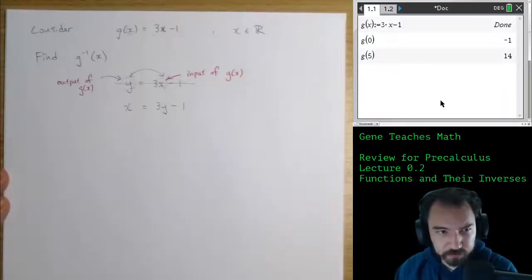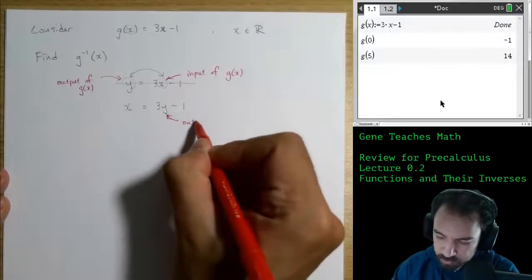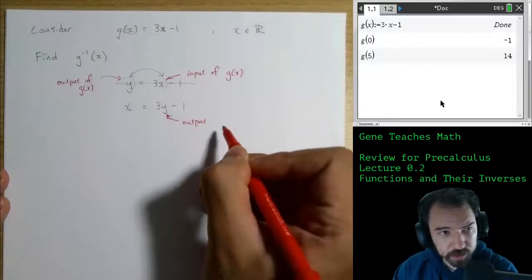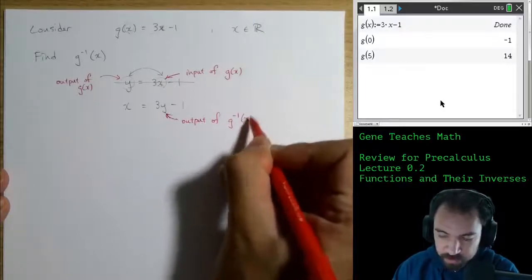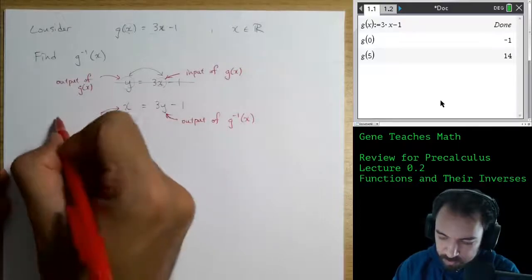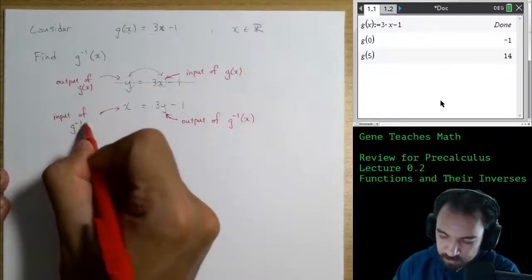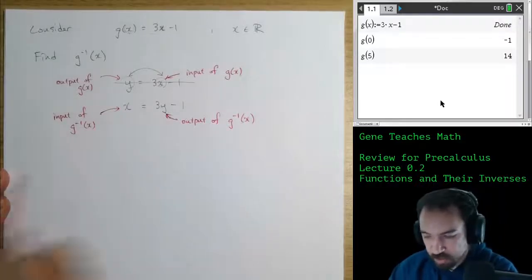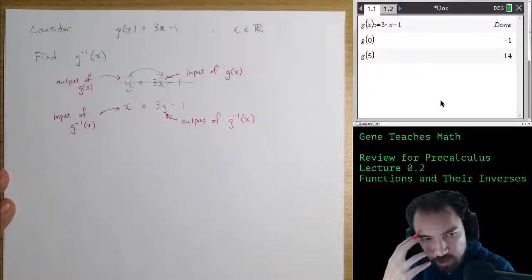This is how we write functions. So this is going to be the output of what, though? It's the output of g inverse of x. Okay. And this x right here is the input of g inverse of x. Okay, so we switched the letters, but we actually haven't changed the way we understand math.